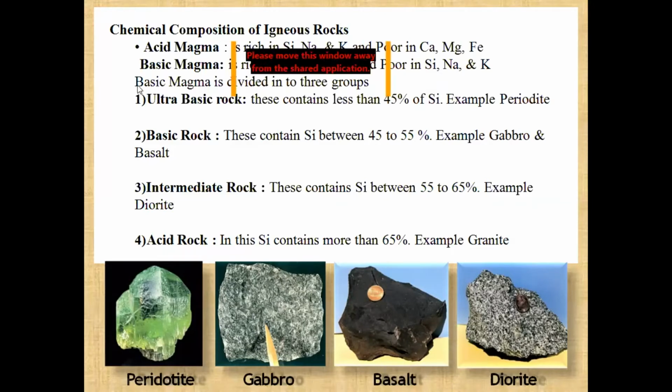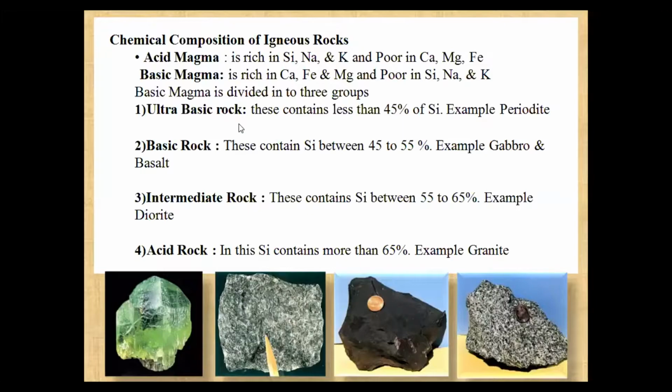Similarly, the basic magma is further divided into three types. We have the ultra basic rock, and ultra basic rocks contain less than 45% silica. An example is peridotite.